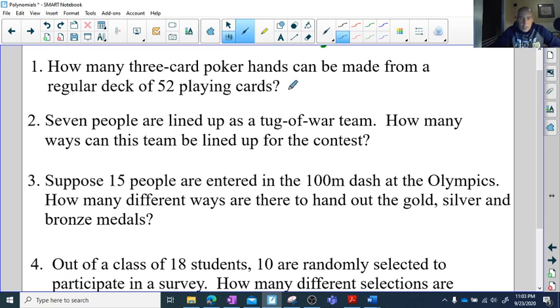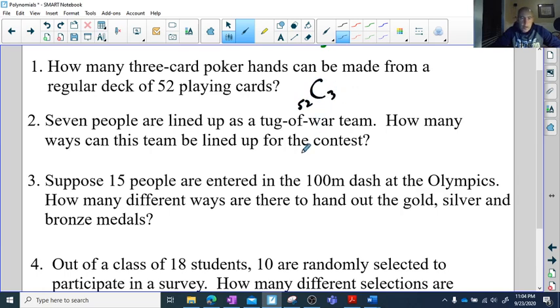If I deal the cards out to you and you get a king, a 5, and a king, do you think it would have made any difference if I had given you a 5 and then the 2 kings, or a king, a 5, and then a king? No, the order you got the cards made no difference. So this would be an example of a combination.